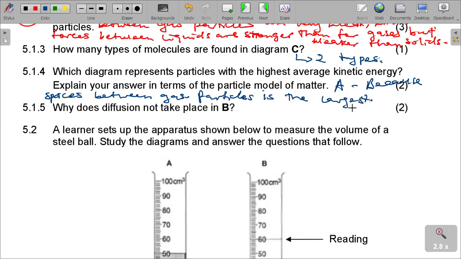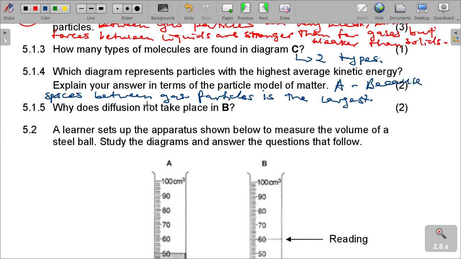Or we can say the forces of attraction are the smallest, and the particles can move freely in A, which is gas.